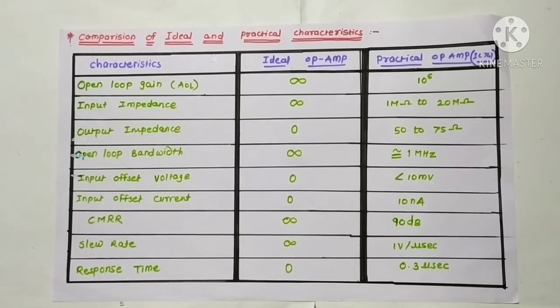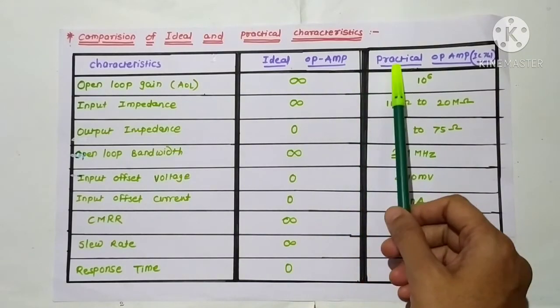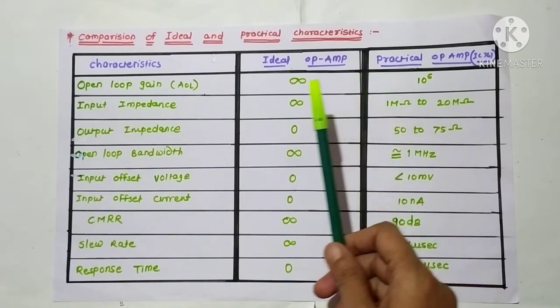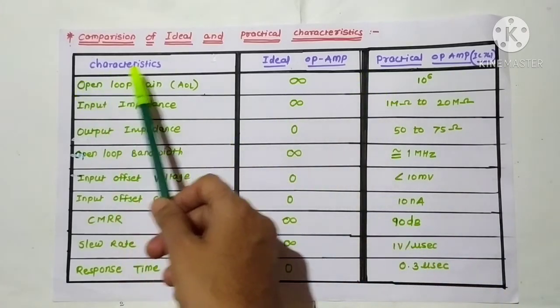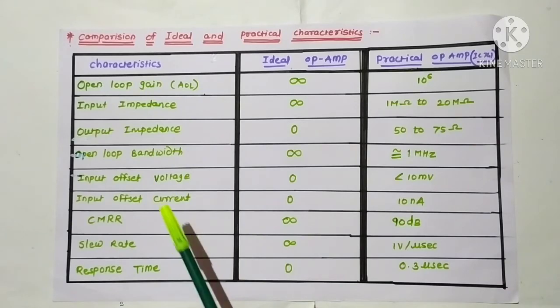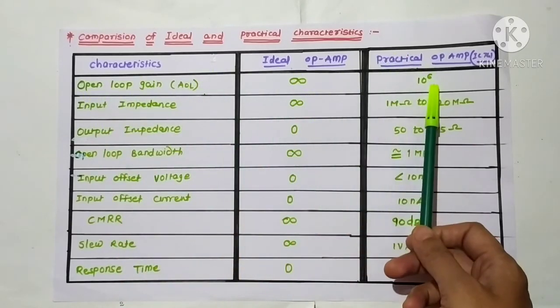Now let us compare ideal op-amp characteristics and practical op-amp characteristics. As we have previously seen in detail, this chart summarizes all the characteristics. Open loop gain is infinite, practically it is 10 raised to 6.